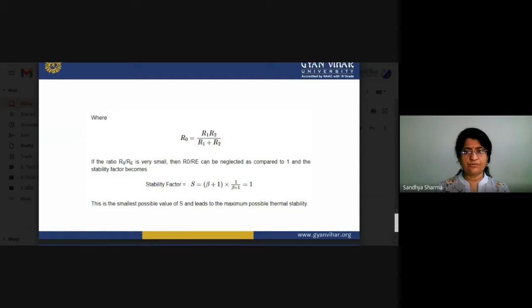If the ratio R0 upon RE is very small, then R0 can be neglected as compared to the RE. So then you can write the stability factor S equal to beta plus 1 into 1 upon beta plus 1, that is equal to 1. So this is the smallest possible value of the stability factor and leads to the maximum possible thermal stability.